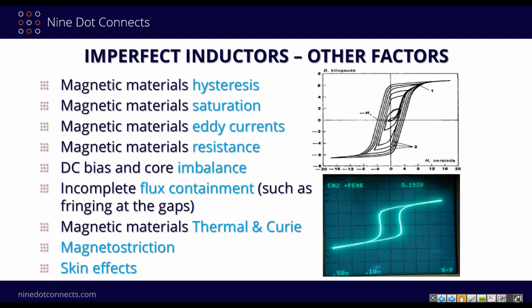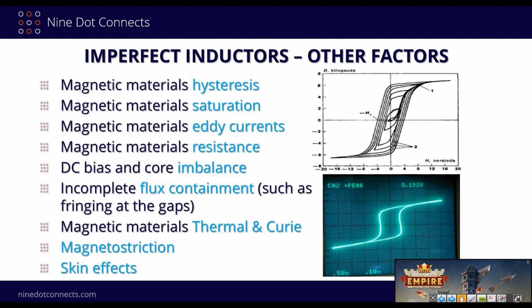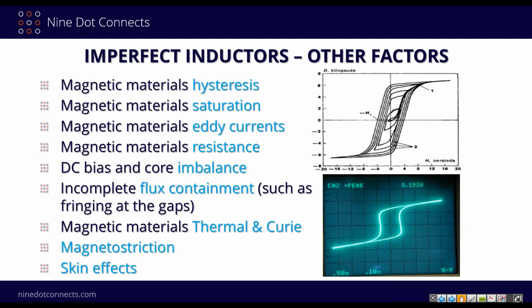Some flux comes out of the core. If it's a really good material, it's very low. However, if you put a gap in a core, there's a little fringing of the flux. We'll see another slide of that later. And also magnetic materials can only go up to a certain temperature. If they get too hot, they stop being magnetic, and therefore you have a problem, it just becomes like it's air.